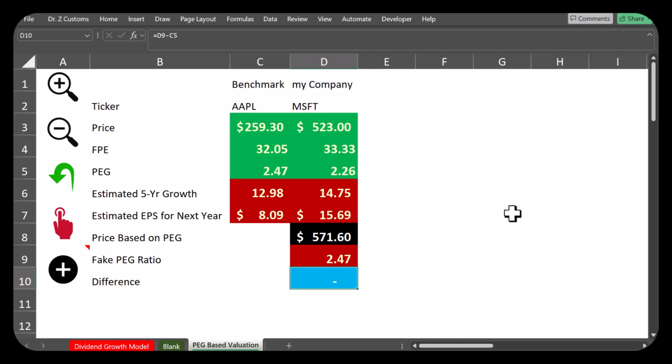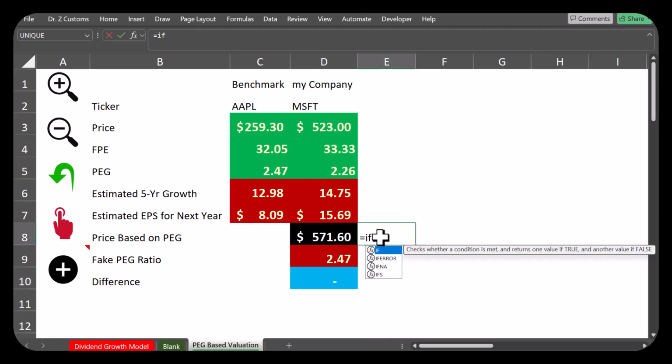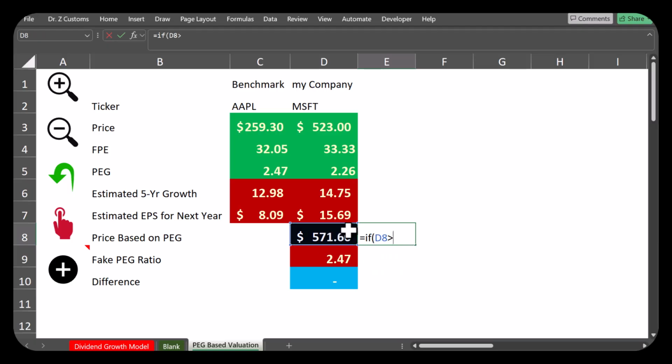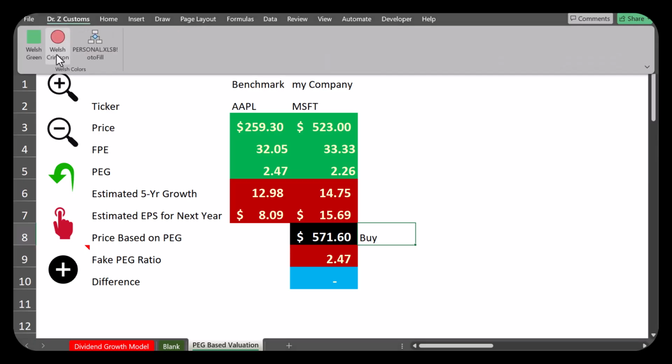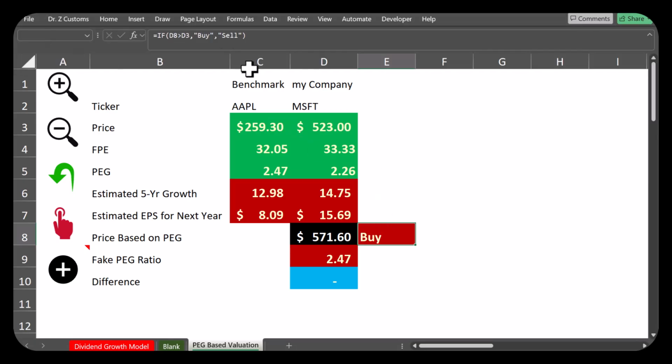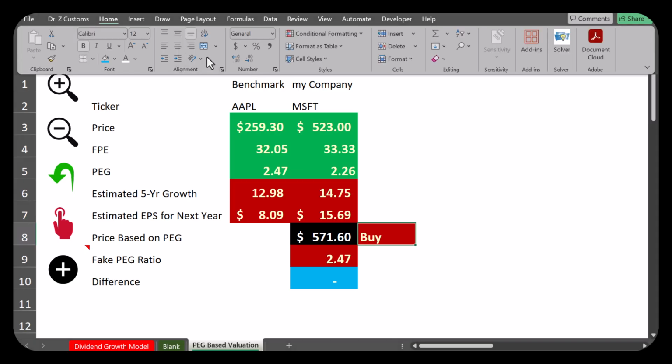In fact, we can even write something here. If this price is greater than the actual price, buy. Otherwise, sell. Not that you can't make that comparison.